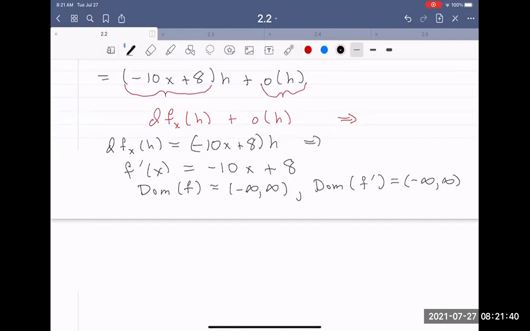So I looked at this difference and I tried to somehow see if there was some way I could approximate it to first order. So this is the first order term in h of this difference. And we call that first order difference the derivative.